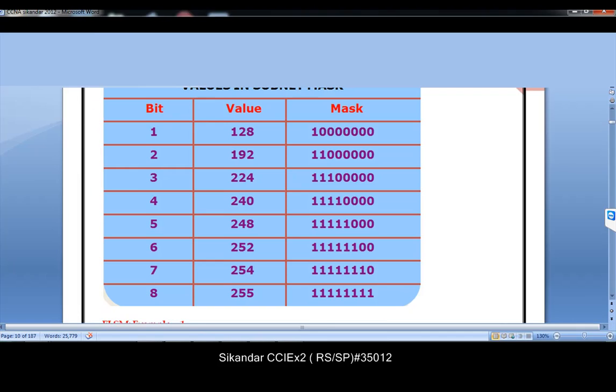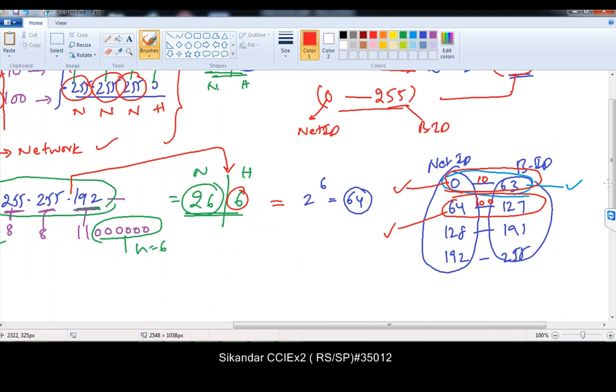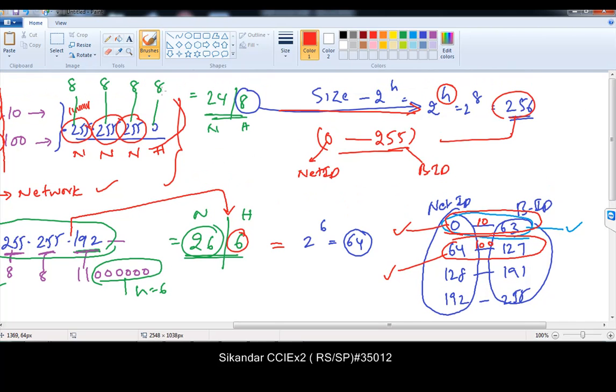So what's the default subnet mask? The default subnet mask is 255.255.255.0. As per this subnet mask, 0 is the network ID and 255 is the broadcast ID. So we cannot use 0 or 255 because they are the network ID and the broadcast ID. But 64 is a valid IP address because 64 is coming in between 0 to 255. It's a valid IP.